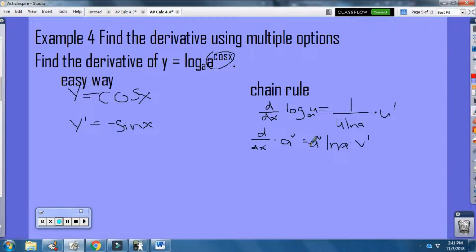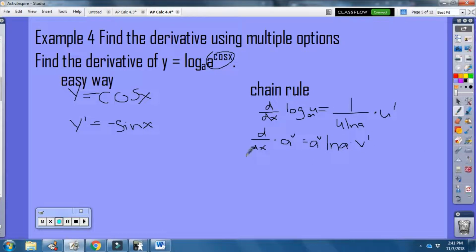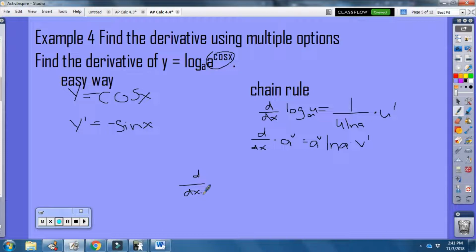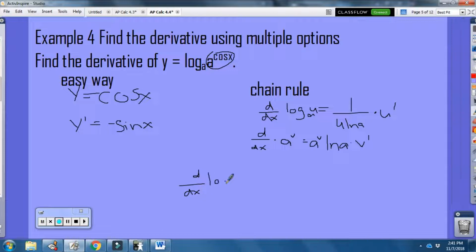So the derivative of the outside, I'm going to use this formula here. So let's write d dx of log base a to the cosine of x.